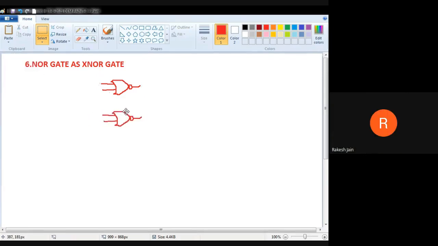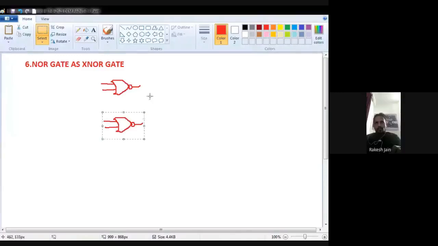Similarly, this is my one more NOR gate in which two inputs are there. Connect one input of each to the other. And then these two inputs are connected separately with the two inputs.